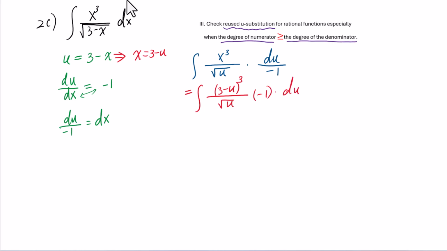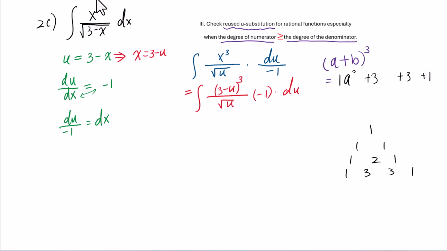We will use this formula, a plus b to the third power. Pascal's triangle: 1, 3, 3, 1.